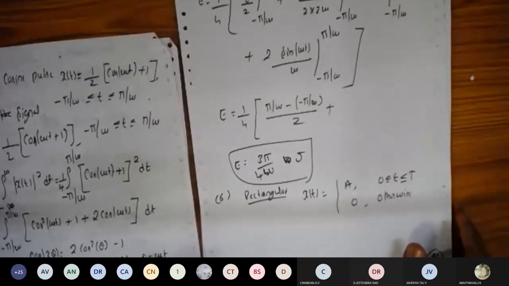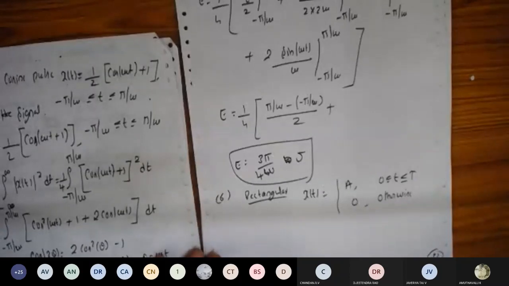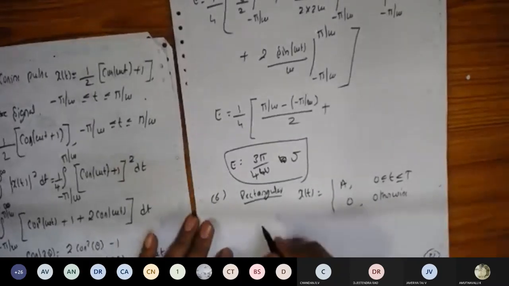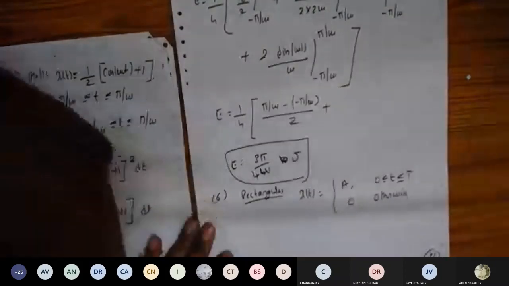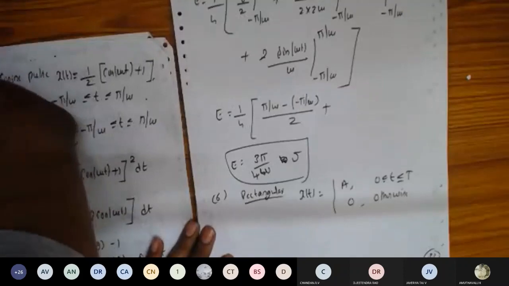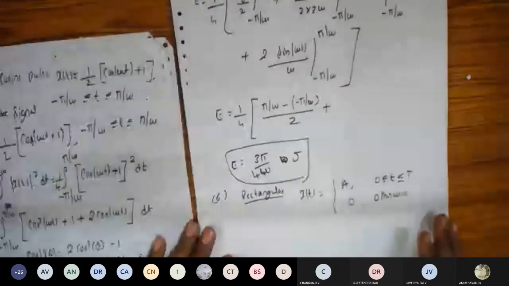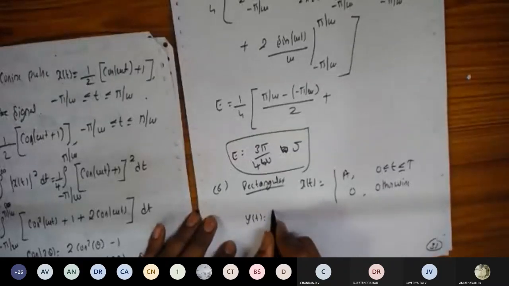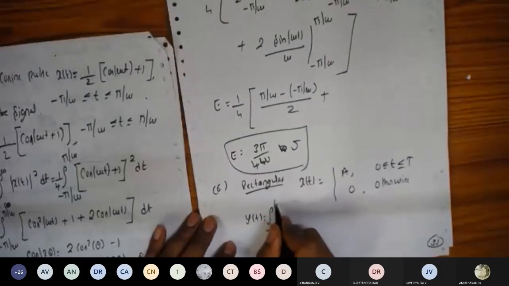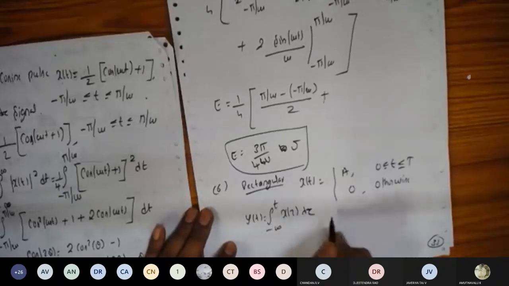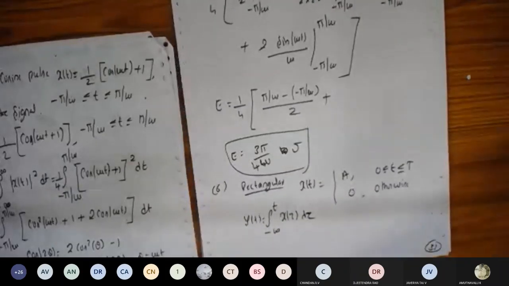It is applied to the integrator defined by y of t equal to the integral from minus infinity to t of x of tau d tau.